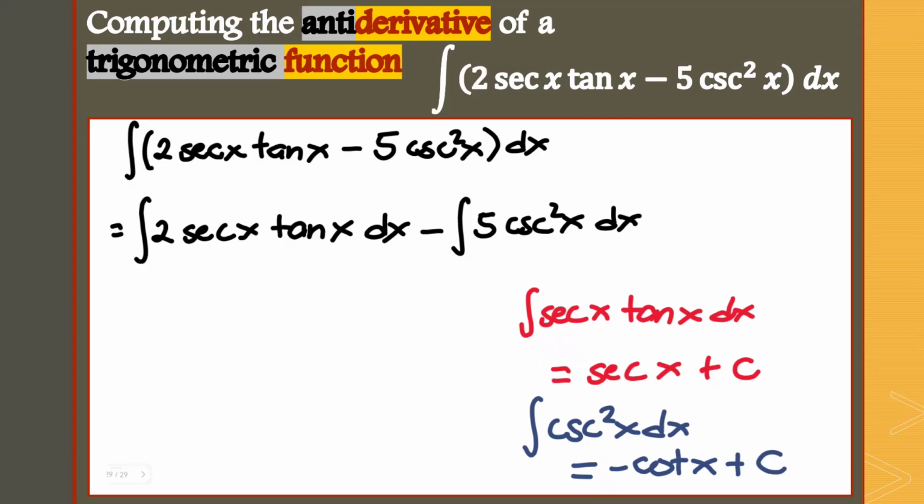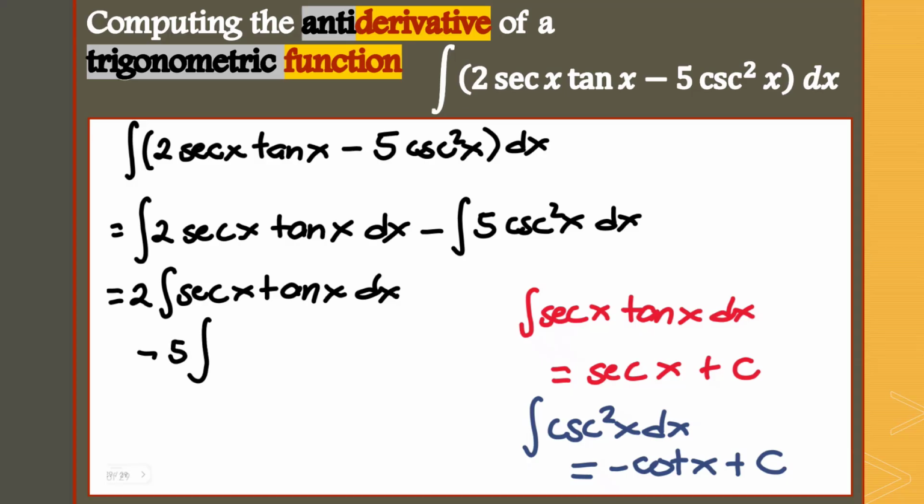So going back to our item, let's not forget to factor out the constant multiples using the constant multiple rule. You have here 2 times the integral of secant x tangent x dx, and for the second term, minus 5, taking out 5, the integral of cosecant squared x dx.